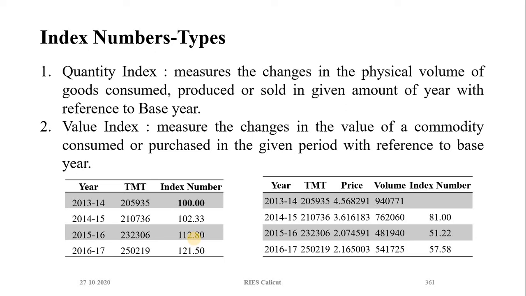If you look at this table, in 2013-14 we used around 2,59,335 trillion metric ton of petrol, and the price was around 4.568. If you multiply both, the value is 94 lakhs 0.771.